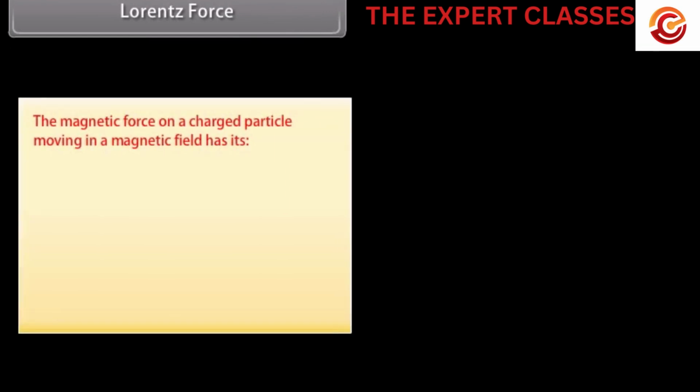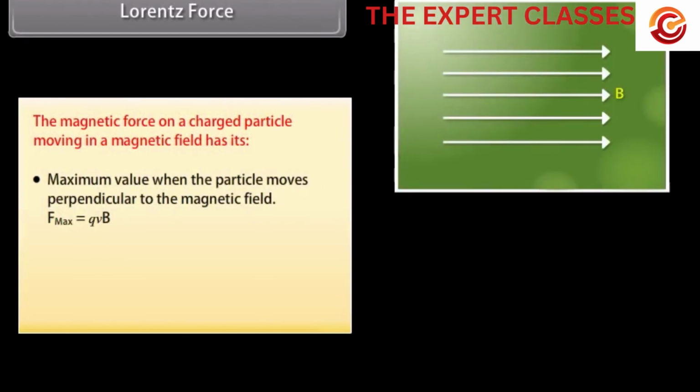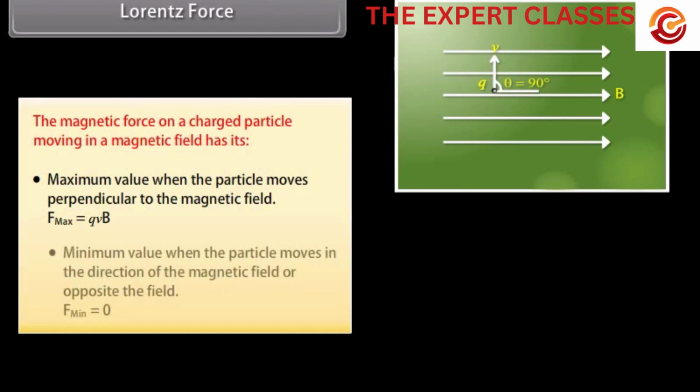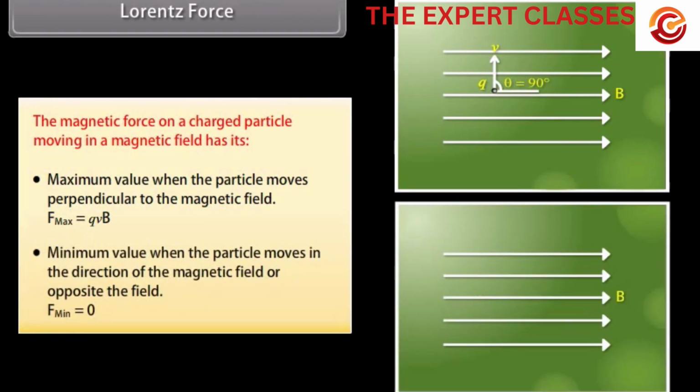The magnetic force on a charged particle moving in a magnetic field has its maximum value when the particle moves perpendicular to the magnetic field. F max = QvB. It has a minimum value when the particle moves in the direction of the magnetic field or opposite to the field. F minimum = 0.